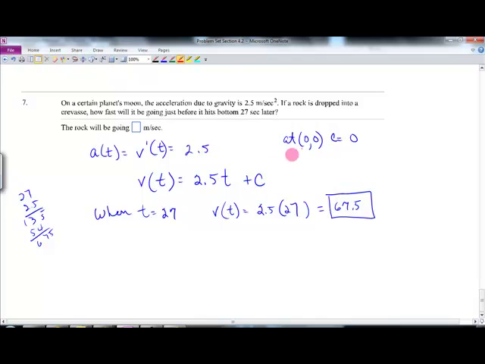Now, c is 0. Okay, let's think about that. Because, let me write this down here. Because the rock is initially at rest, right? V of 0 has to be 0.